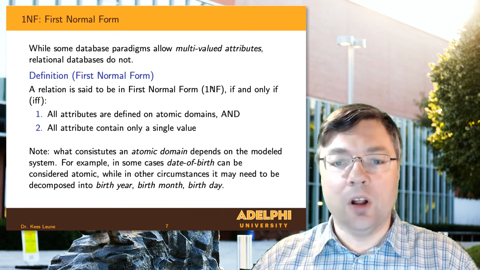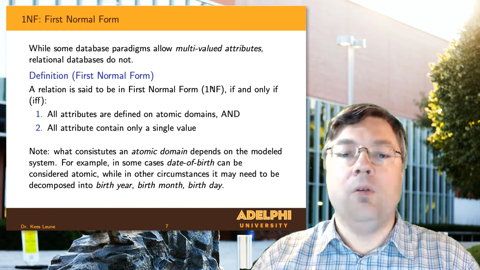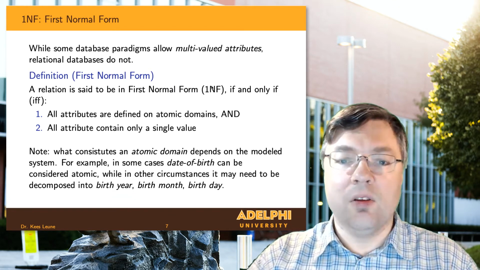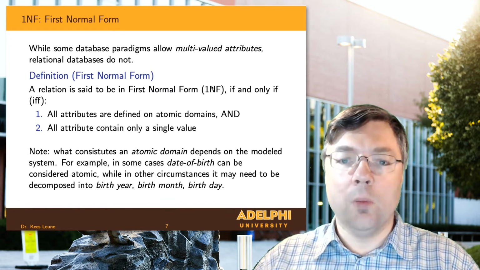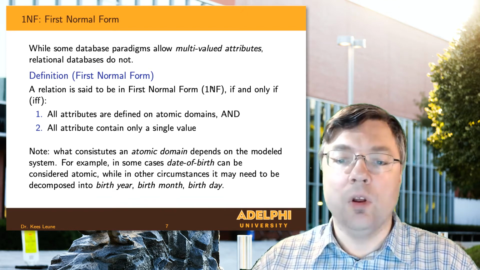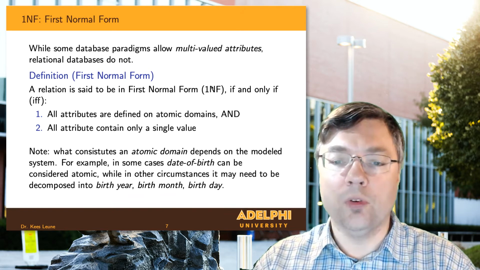But that does not accommodate the fact that I might want to break down the address into, say, a street, a town, a state, and a country, or maybe even a zip code. Because the domain is atomic, it would make no sense to talk about subdividing that home address into multiple subfields.